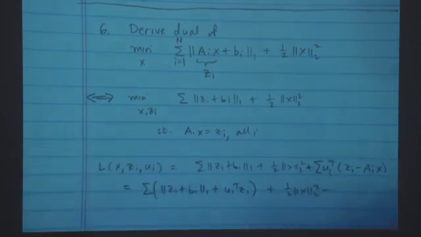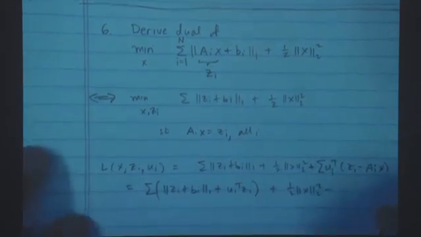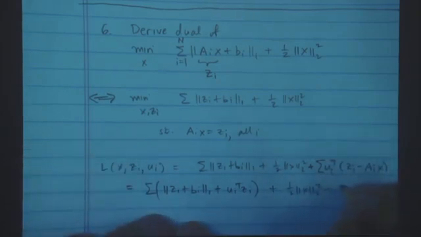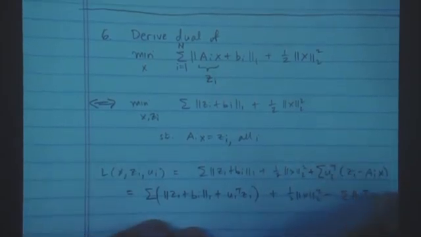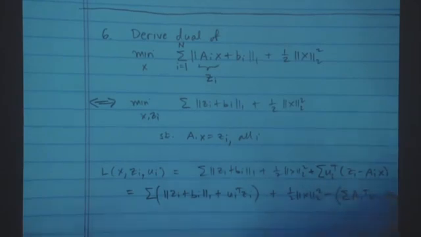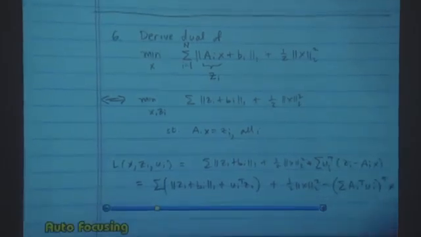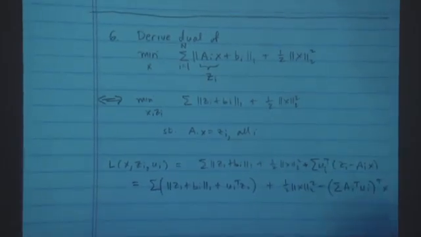So here's the thing to notice. The only thing that multiplies x is really a single vector, right? And that vector looks like this. I just pulled out x from the sum, and I said that it's really just one vector multiplying x, sum of ai transpose ui. Okay?